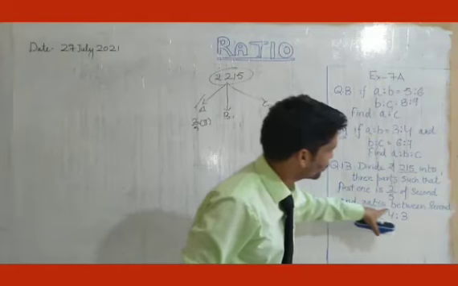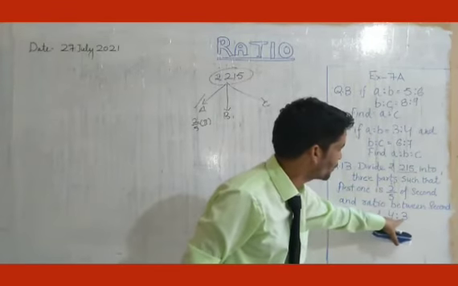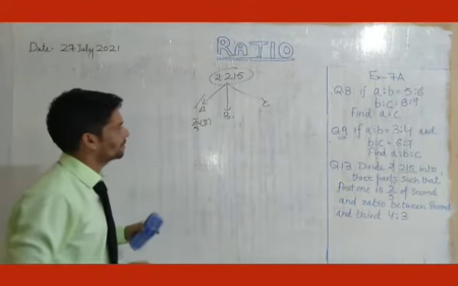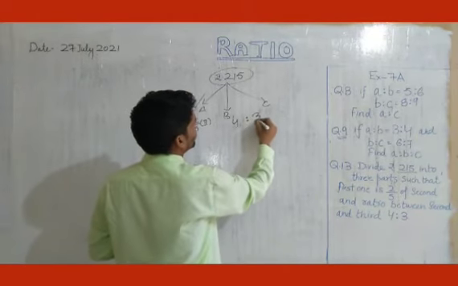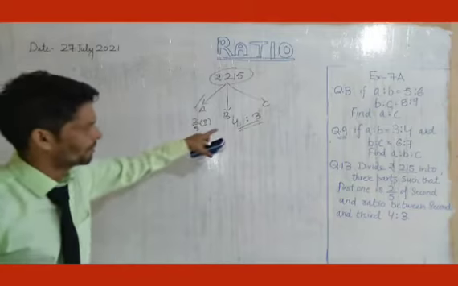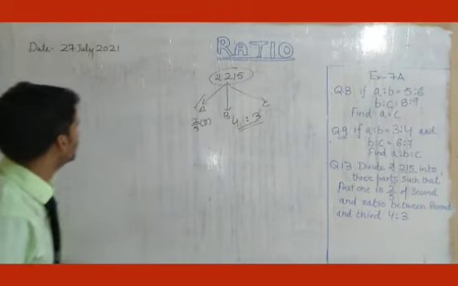Also given is the ratio between second and third, which is 4:3. So we have to consider the second part first.